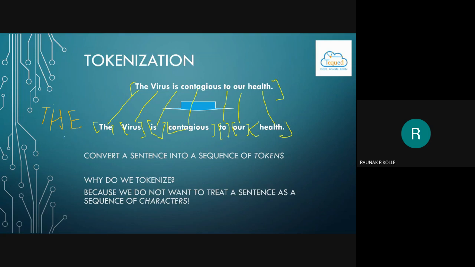If this word "the" was the last word in a sentence, and instead of three characters there was place for only two, by a rule of the machine, the machine would allocate space for the first two characters, and the third character would be pushed to the next line. But if this entire thing is considered as a single token, and there is no space for the entire word, the complete word will be pushed to the next line.